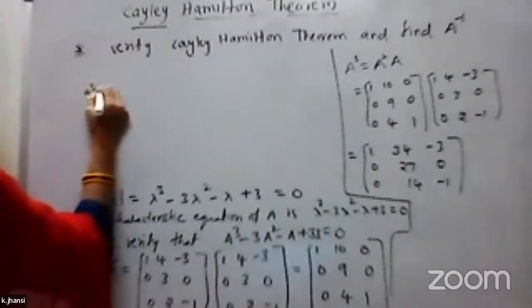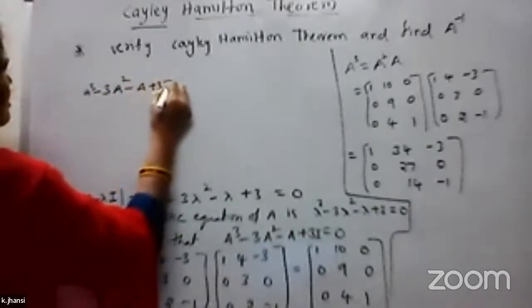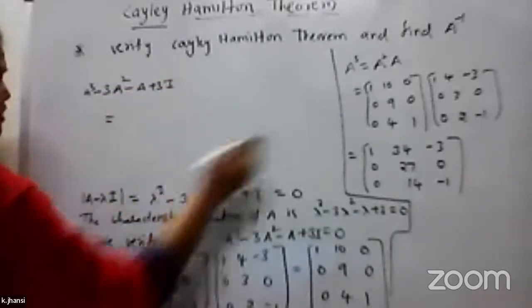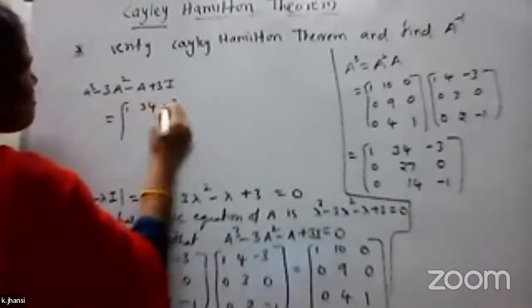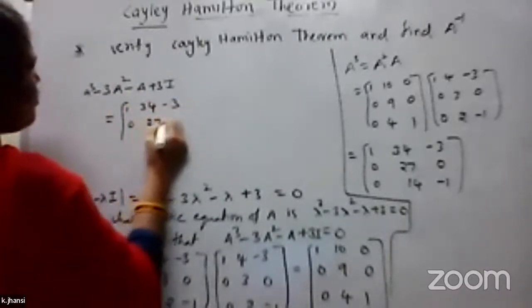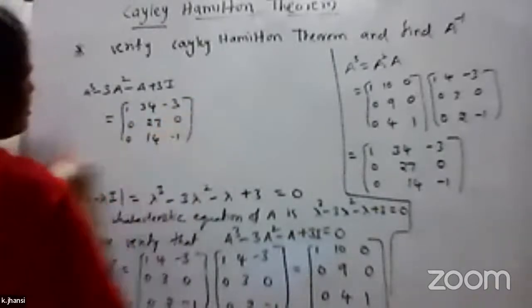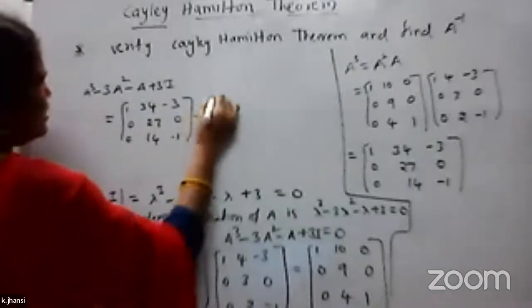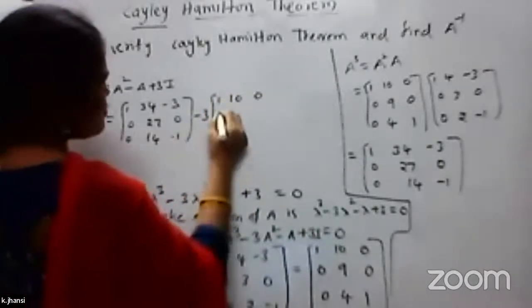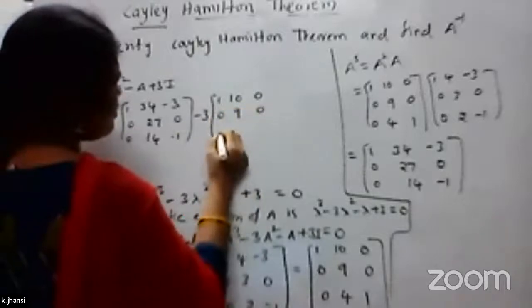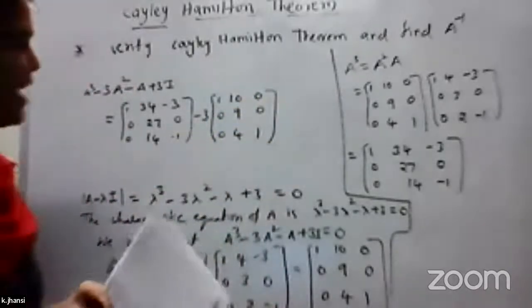A cube minus 3A square minus A plus 3I. So it is equals to, first A cube is 1 3 4 minus 3, 0 27 0, 0 1 4 minus 1, minus 3 into A square, 1 1 0, 0 9 0, 0 4 1. This is our 3A square minus A.